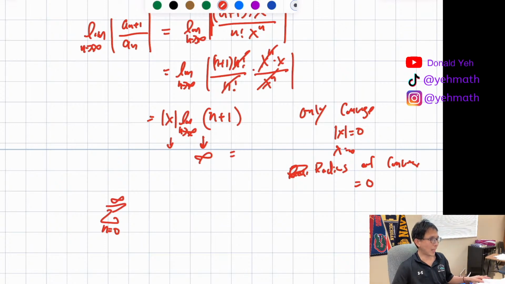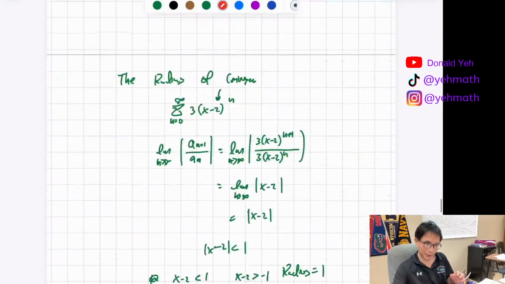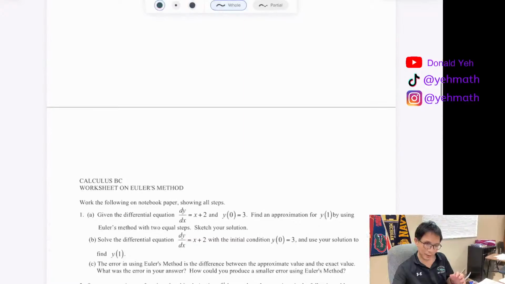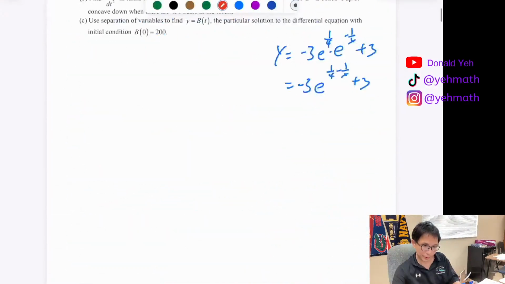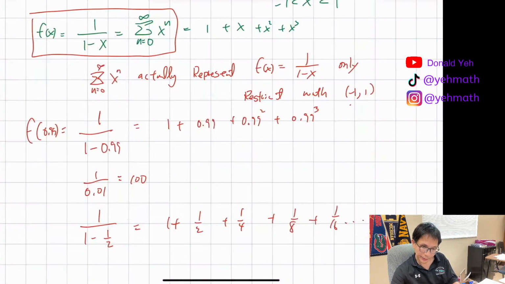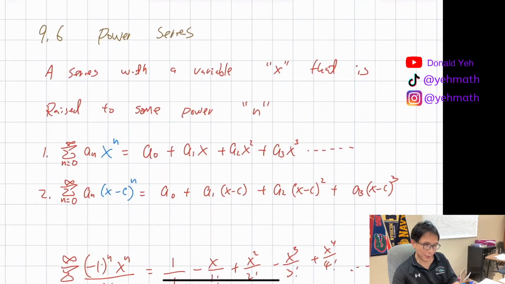Okay, so last week we talked about power series. Power series can be represented. Let me see if I can get last week's notes. Nope, it's too long ago. I think here. Yeah. So I'm just going to give you a fast breakdown.